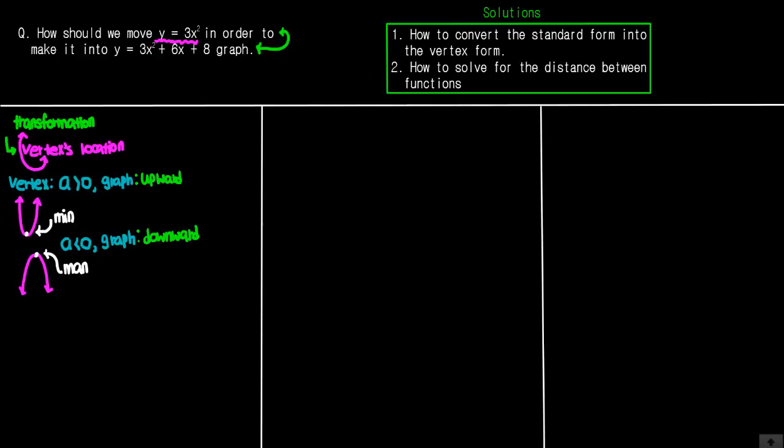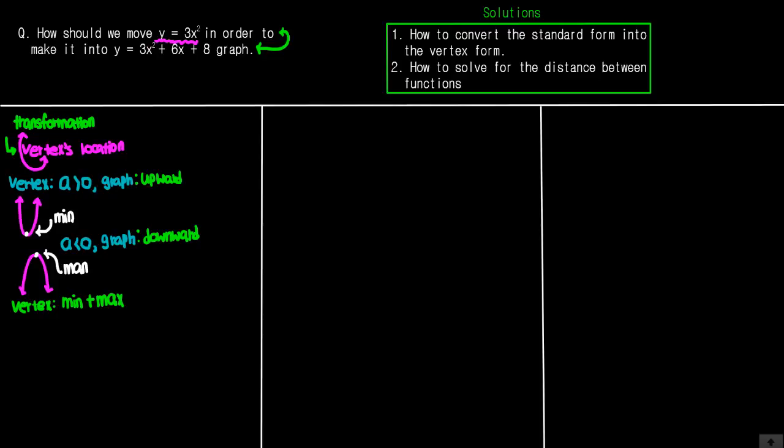The concept of the vertex combines the two possibilities of minimum point and maximum point. This is what the vertex is, and it is basically defined by the sign of our leading coefficient.